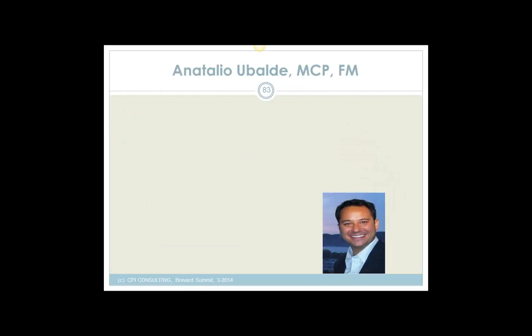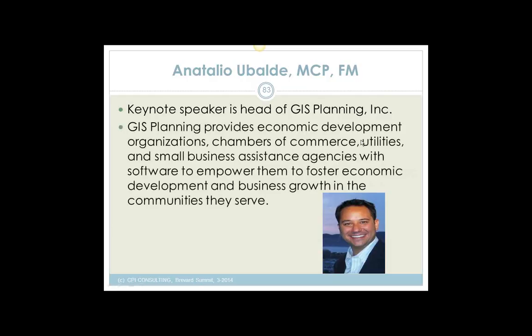And so next we will go to what we're referring to as our keynote speaker, the head of GIS Planning, Inc., and that is Anatolio Ubaldi. And several things about him and the company.